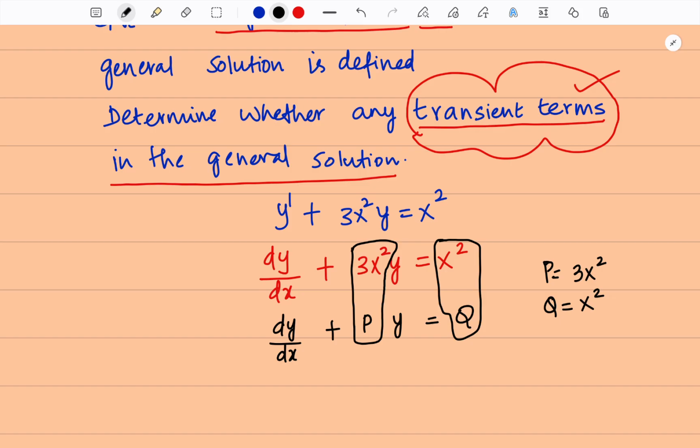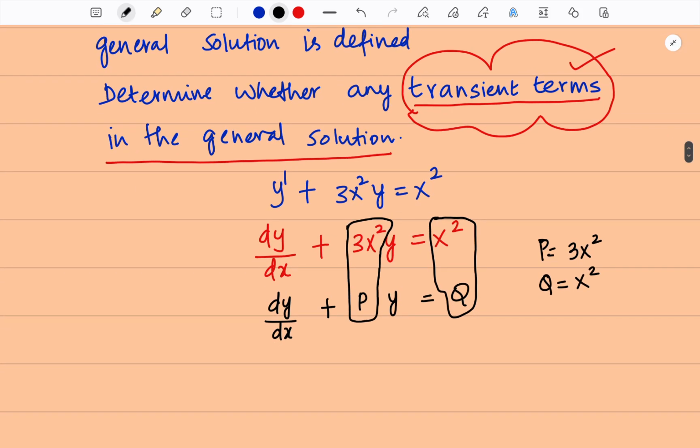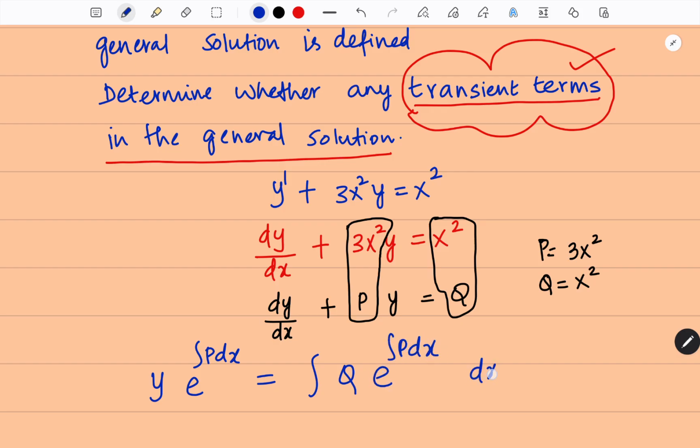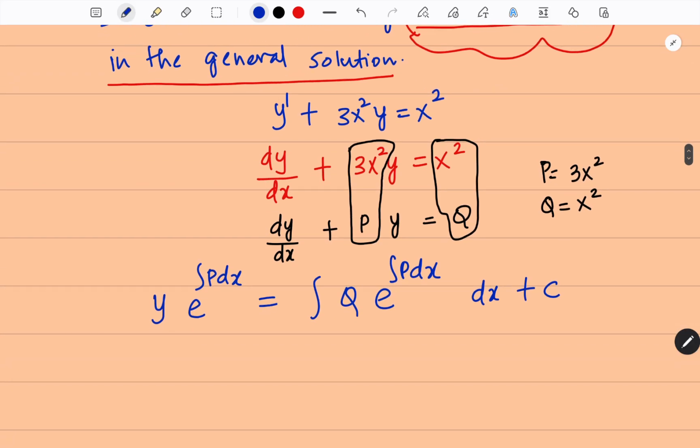Yes. So what are we going to do? Now we are going to take the solution. What is your solution? Let me write here. So the solution is given by y e to the power of integral p dx is equal to integral q e to the power of integral p dx dx plus c. I told you in the class itself, also in the beginning of the video, there are 3 steps.